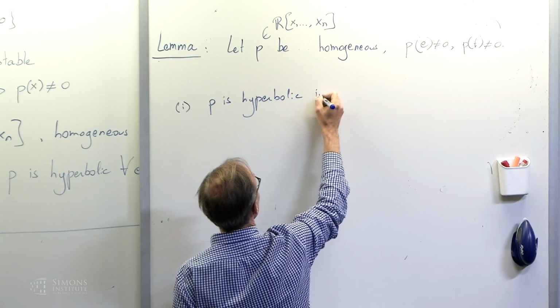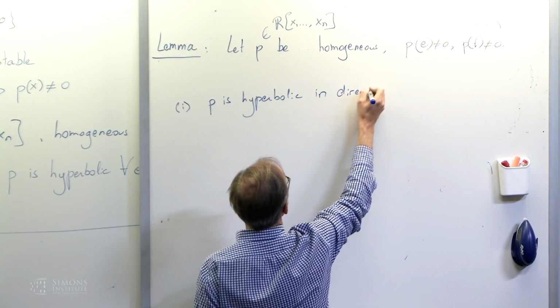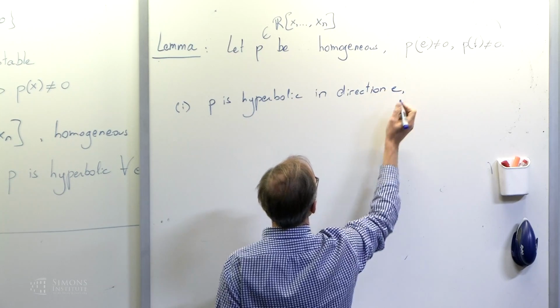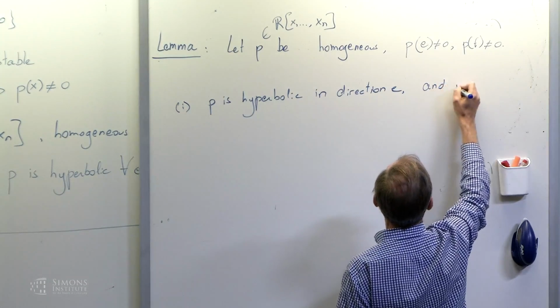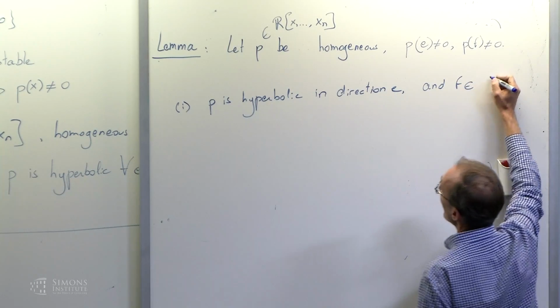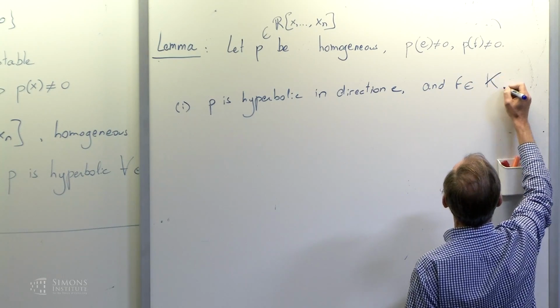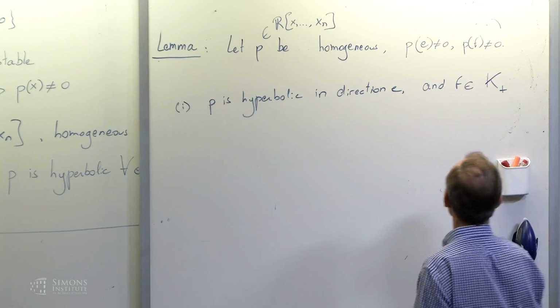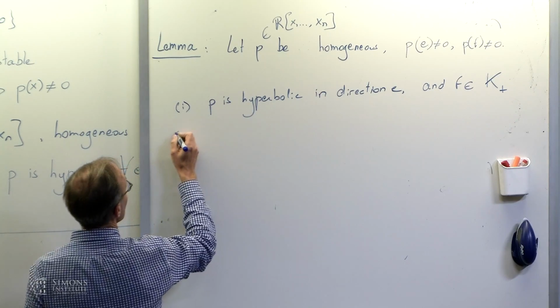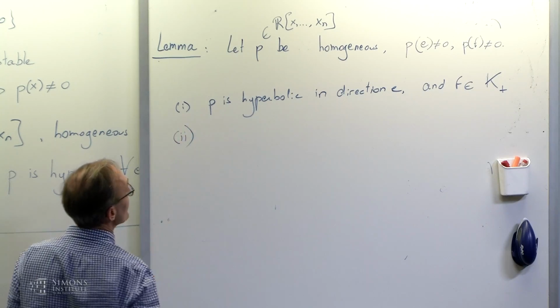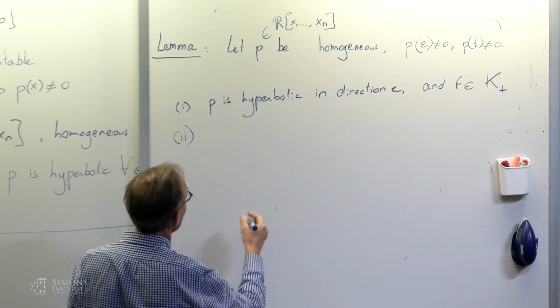P is hyperbolic in direction E, and let's assume that F belongs to the hyperbolic cone.